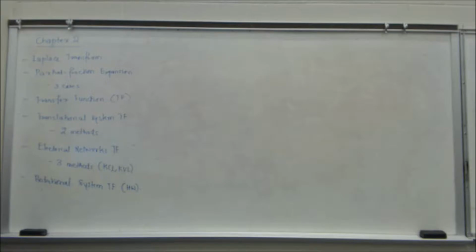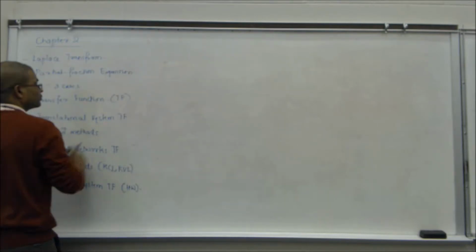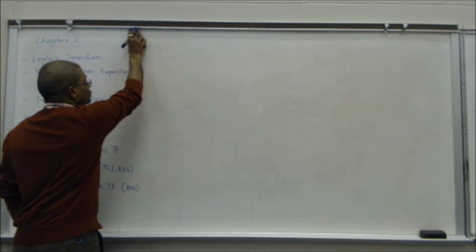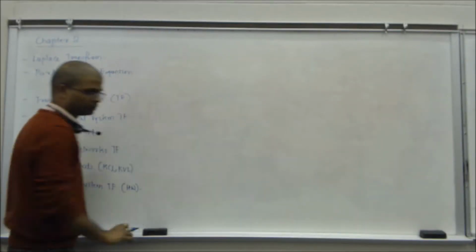So you have KCL, KVL, and we did the impedance method. There are traditional methods, which is just do KCL and KVL. You can also do the impedance method, where we said sum of impedances in mesh 1, all that, right? You should know how to apply KCL and KVL.